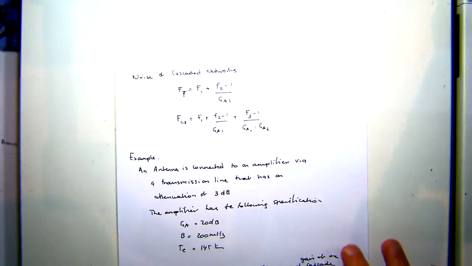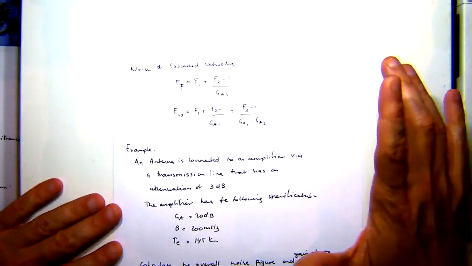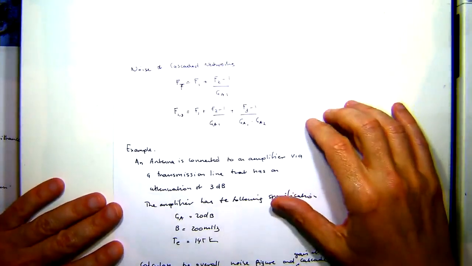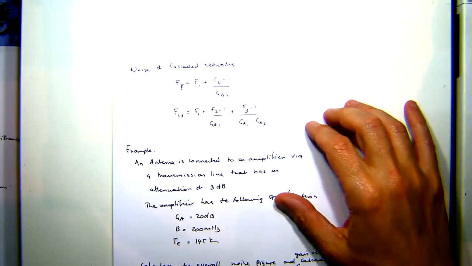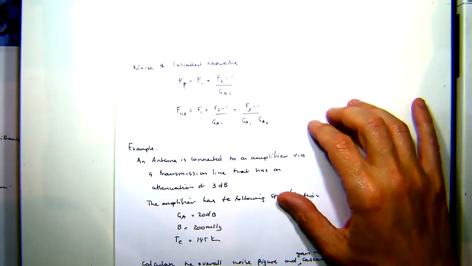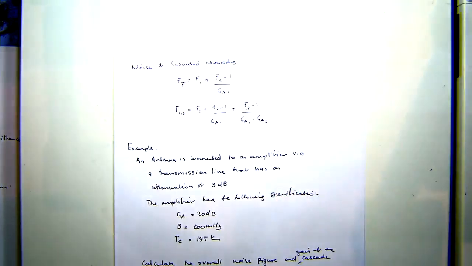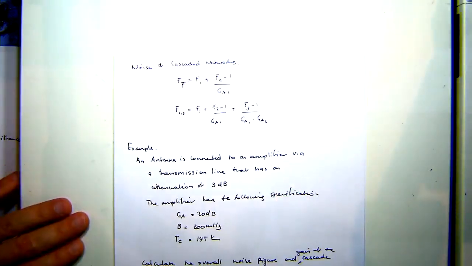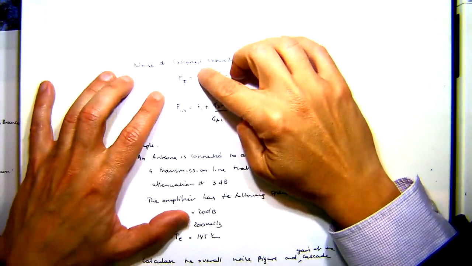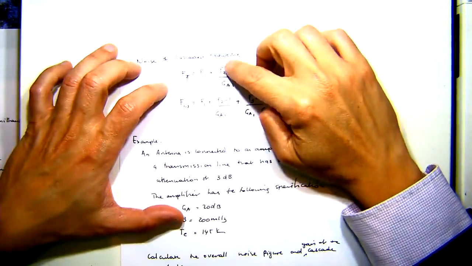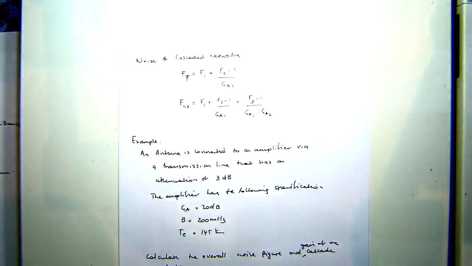Now, what we're going to do next is talk about this cascade of networks, and how the overall noise figure is affected by multiple components put one after the other. What you can show is if you had two components, one with a noise figure of F1 and the other with a noise figure of F2, let me draw this, it's probably easier.